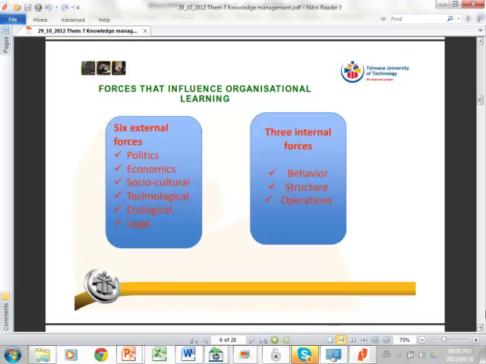What does socio-cultural mean? About the environment in which the organization is operating. Okay, so the social environment in which the organization is operating. So do you think that we have a better social, cultural environment in South Africa than what they have in Germany? Why not?